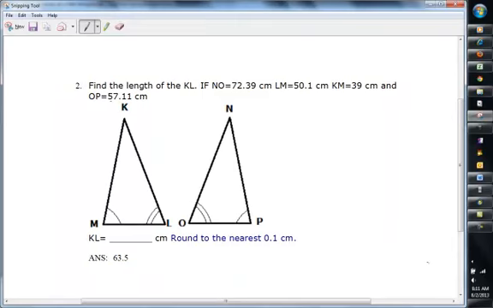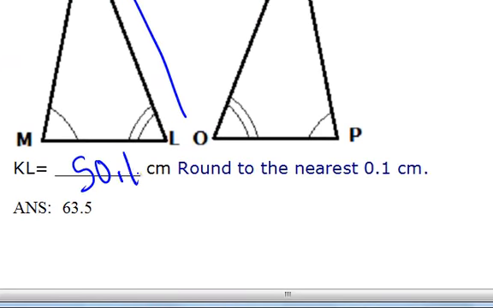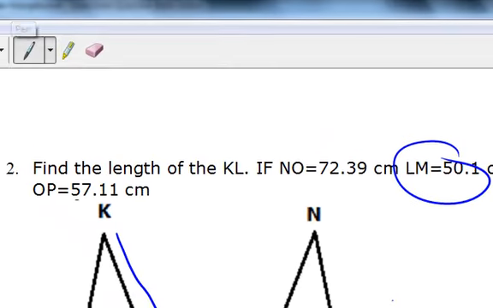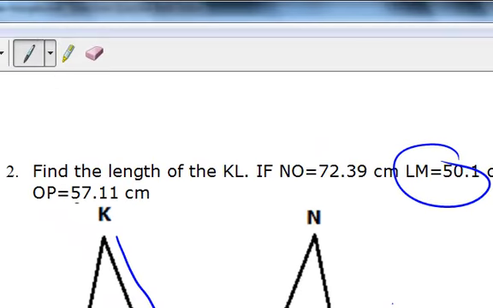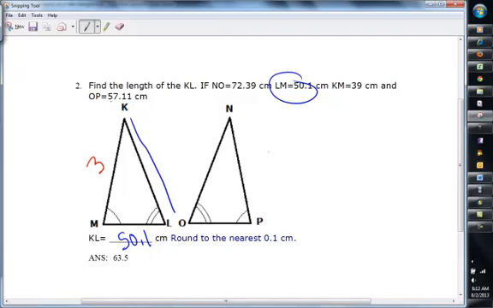Okay, so we're looking for K to L in this triangle. And the other side we know from this triangle is L to M is 50.1 centimeters. K to M in that triangle is 39.